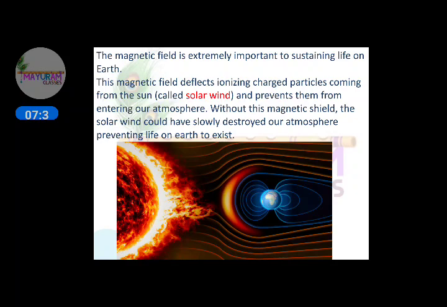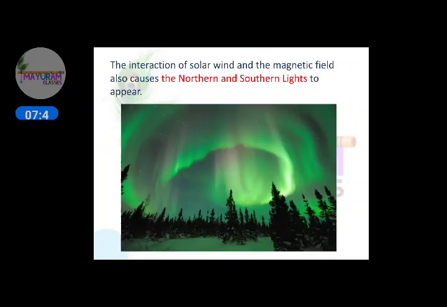The magnetic field is extremely important to sustaining life on earth. This magnetic field deflects ionizing charged particles coming from the sun and prevents them from entering our atmosphere. The interaction of solar winds and the magnetic field also causes the northern and southern lights to appear.